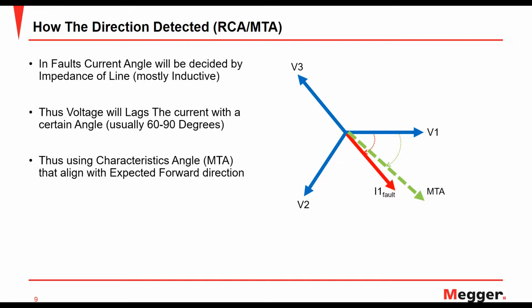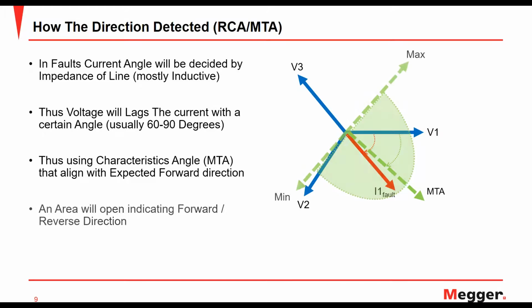Thus, I cannot just predict one line to be my fault line. So I will open a whole area, I call it a blinder, to consider this as my forward area, and anything outside of this area will be my reverse area.